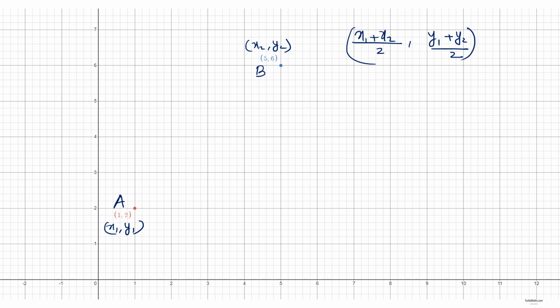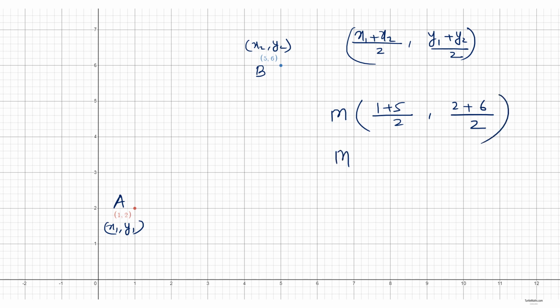Plugging in the coordinates, let's call our midpoint M. So we will get 1 plus 5, which is x1 plus x2, divided by 2, and y1 plus y2 divided by 2.